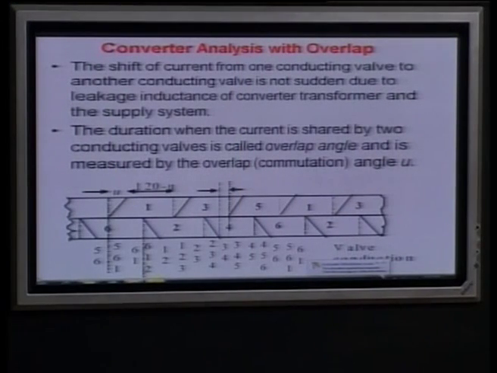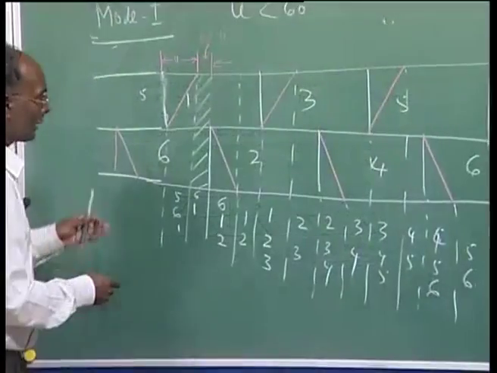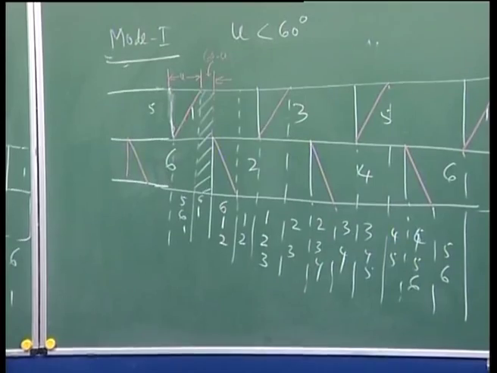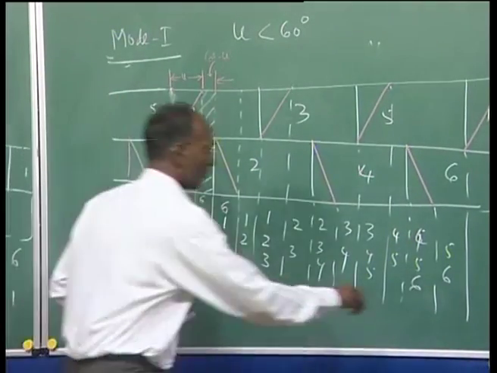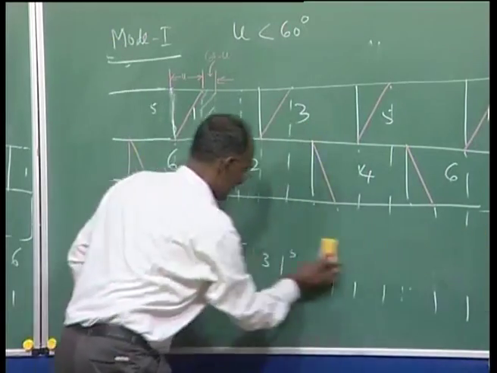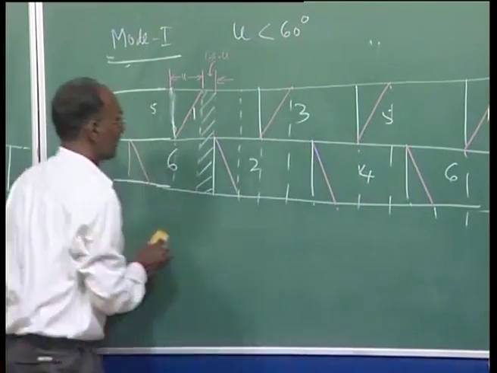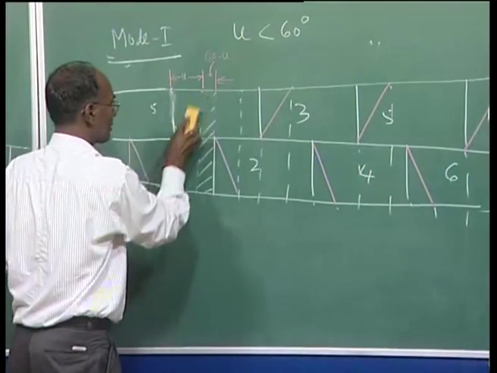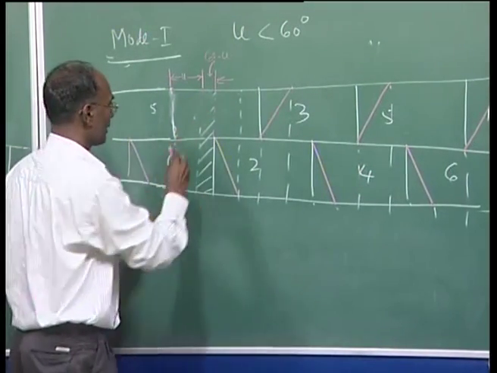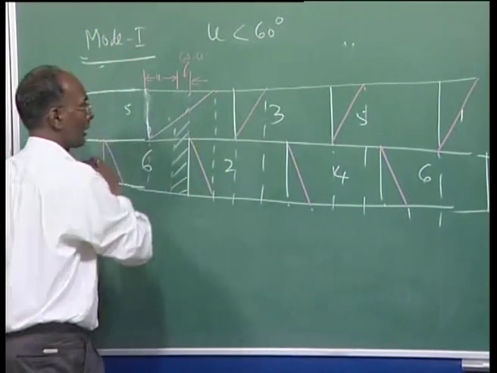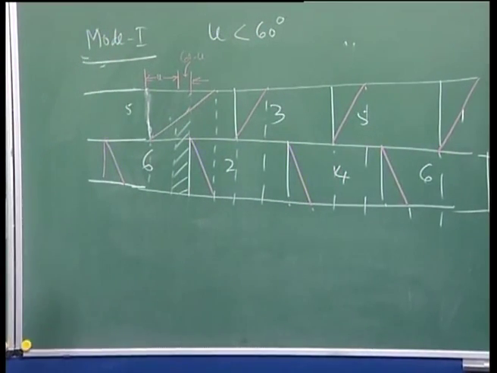Now we have to see if U is more than 60 degrees, what does it mean? Once this is more than that, I have to remove this and let us draw the commutation more. This angle is going to be increased from here, this is 60 degrees, now I am drawing it more than that, because it is more than 60.